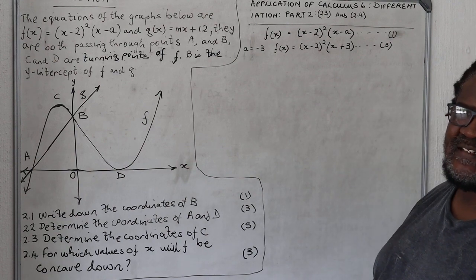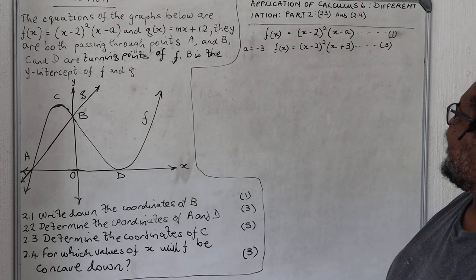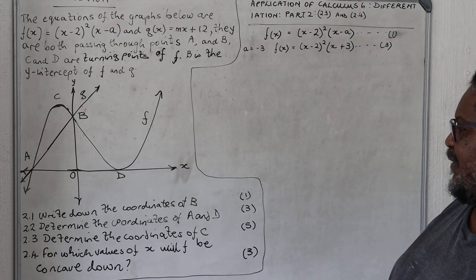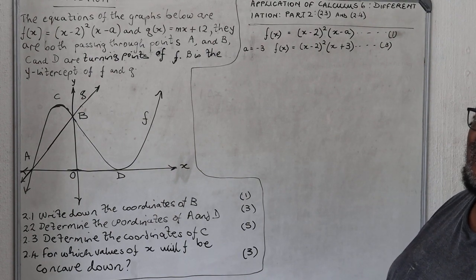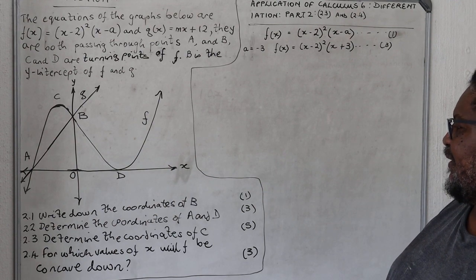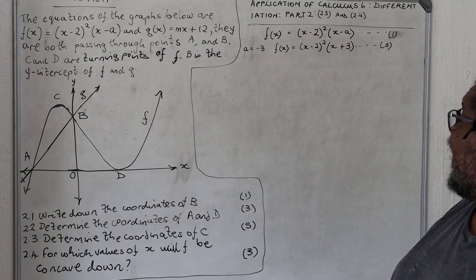So in this part of the presentation, we are continuing with part 2 of the same question, and we are hoping that we can do both 2.3 and 2.4 in this part, and we have only 2 videos for this question. So 2.3 says determine the coordinates of C, and 2.4 says for which values of x will f be concave down.